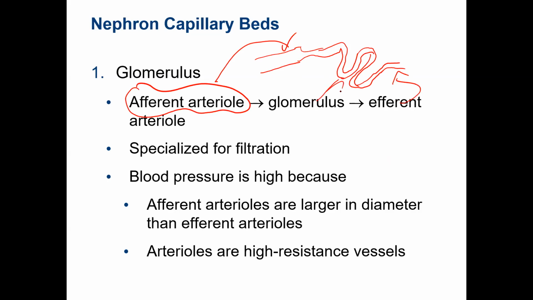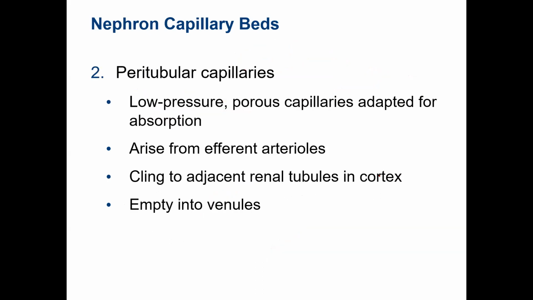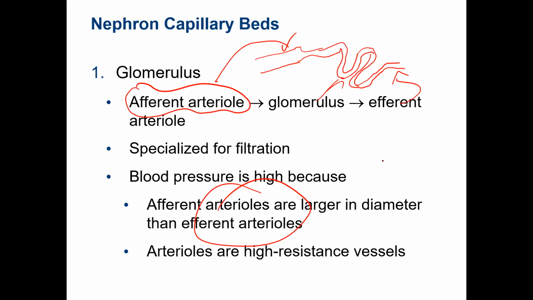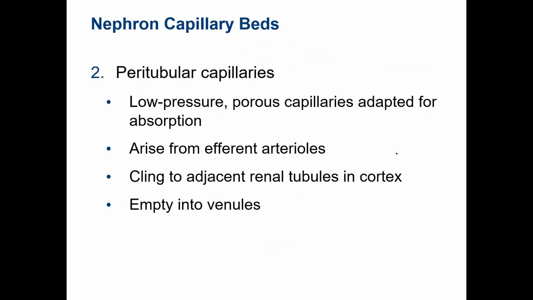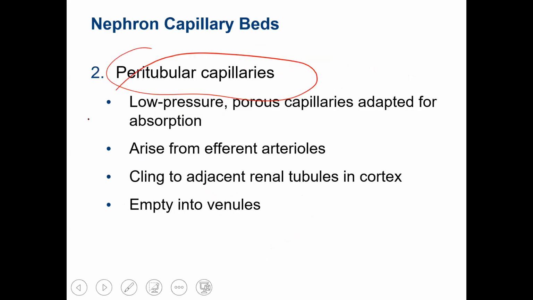Notice that the afferent arteriole is bigger than the efferent arteriole, which means there's more pressure in between. Off that efferent arteriole, it comes around and forms the capillaries that go around the tubule system. They're called peritubular capillaries. Because we've pushed all the fluid out by this point, there's not much pressure in there.